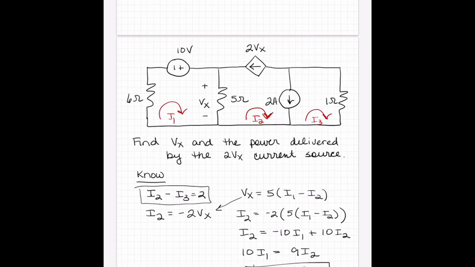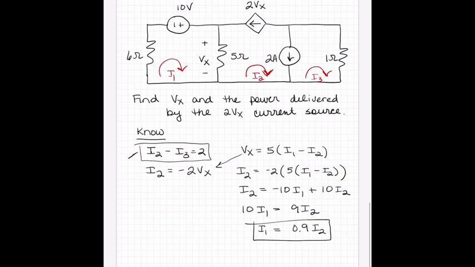We have this other relationship here, I2 minus I3 is equal to 2. So let's write our mesh 1 equation. We may find that we don't need any other equations after this. For mesh 1, we don't have another relationship for I1 right now. So starting with that 6 ohm resistor, I know I'm going to subtract the voltage.